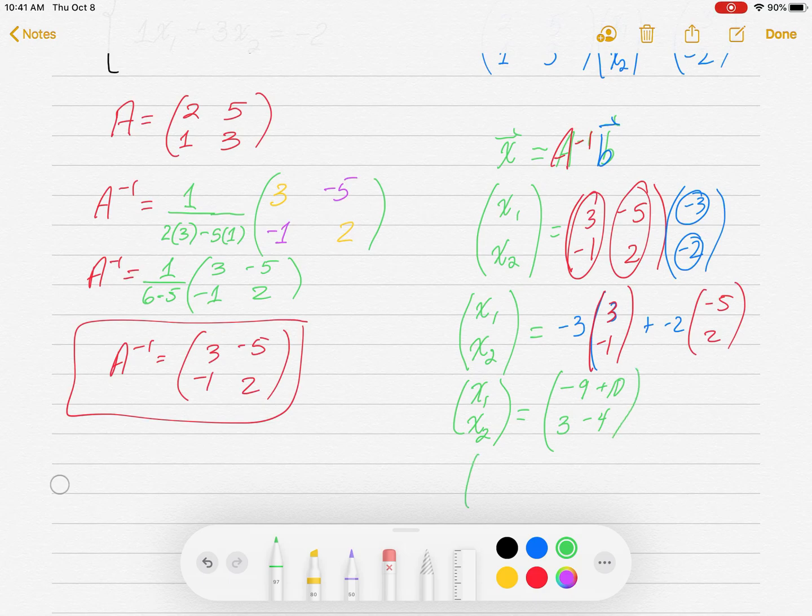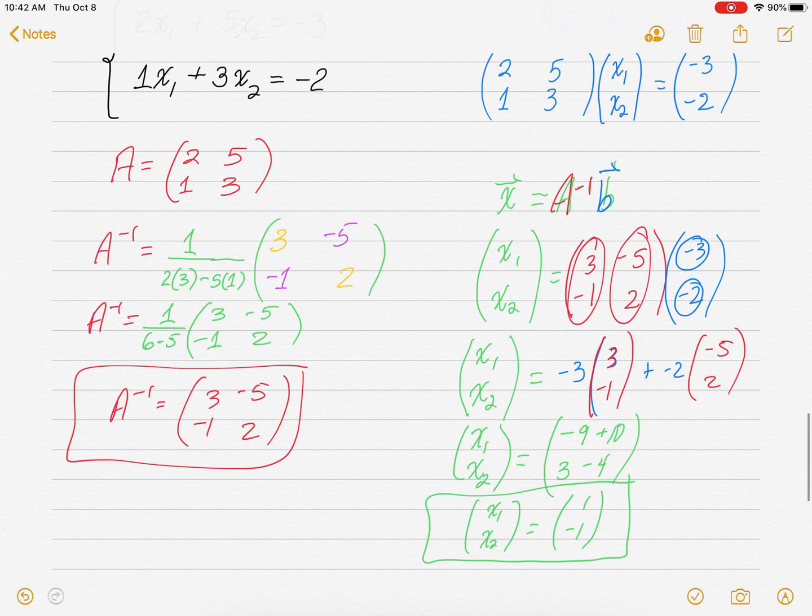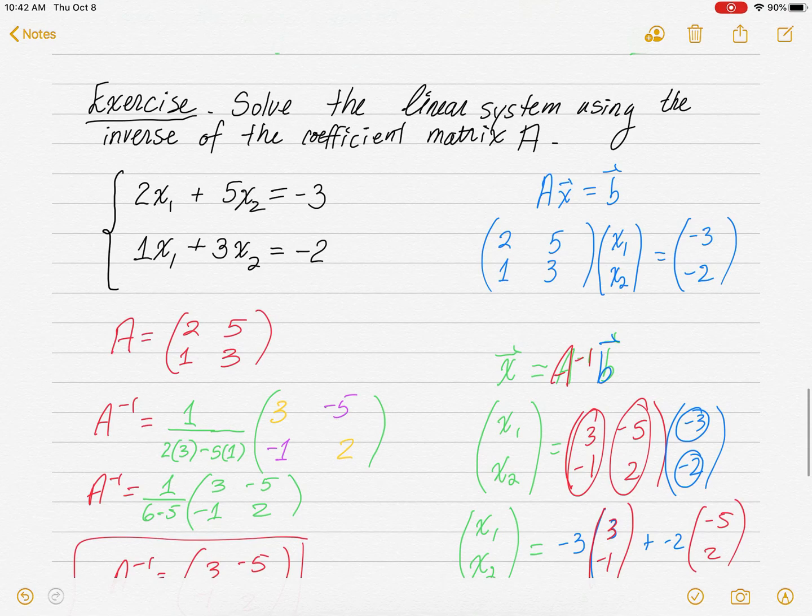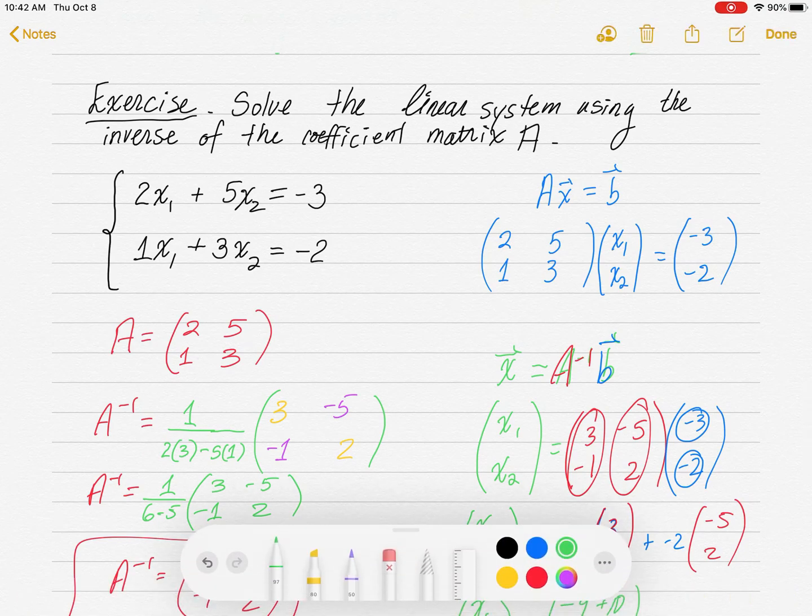So if I do that, I'm going to get -9 plus 10 for the first entry, and 3 minus 4 for the second entry. In other words, your solution is 1, -1. So x1 is 1, x2 is -1.